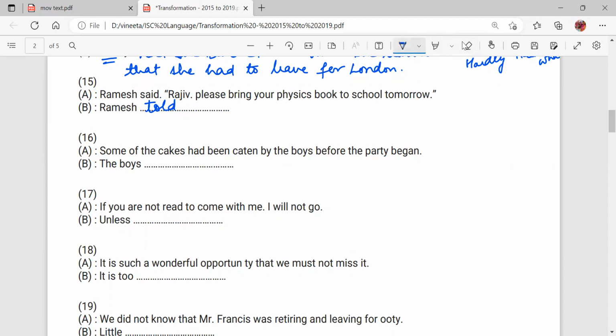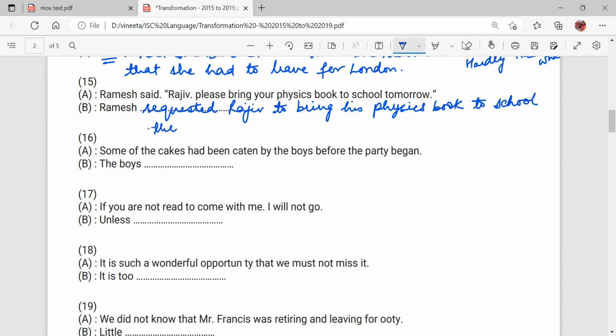Ramesh requested Rajiv to bring his physics book to school the next day or the following day, right?